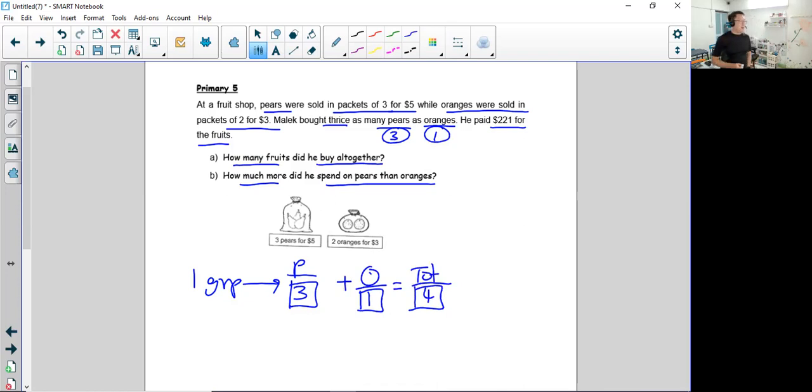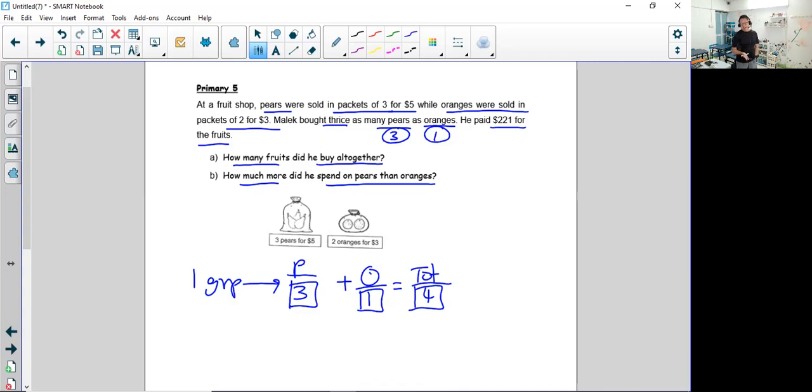Okay, now, this question is a little more indirect, right? It's a bit indirect because you can see that pears were sold in packets of 3 for $5. Oranges were sold in packets of 2 for $3. So which means that, can you see that if in one group there are 3 pears and 1 orange, then how much is 3 pears?